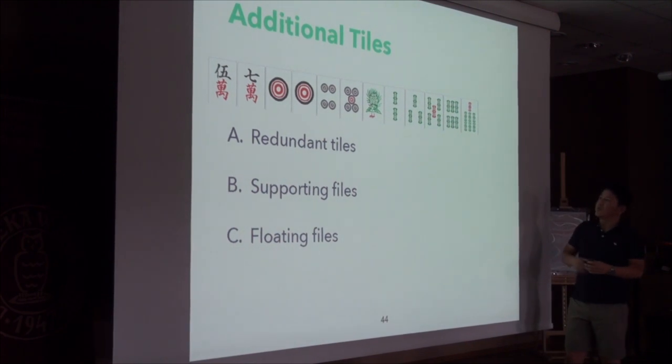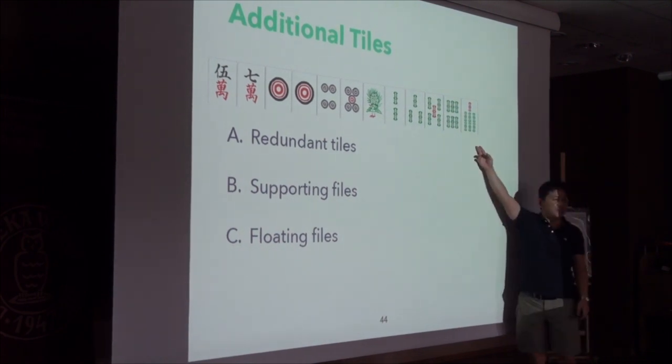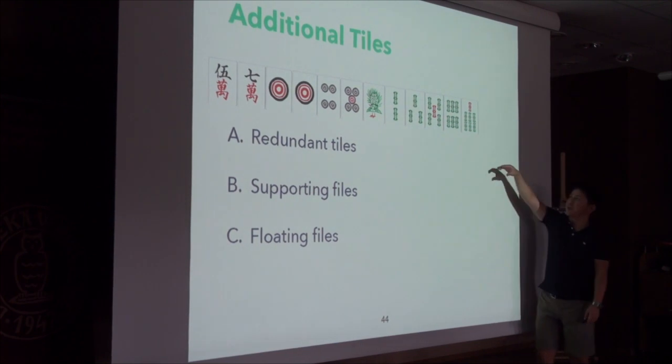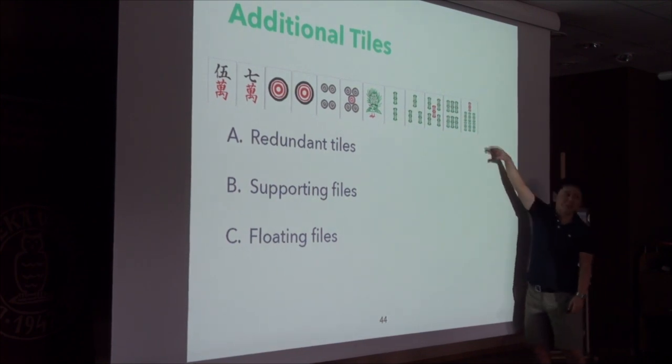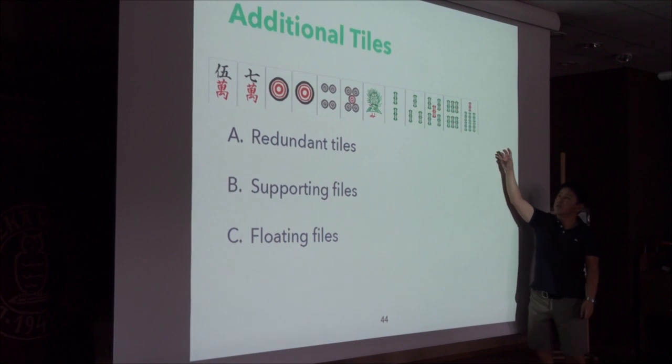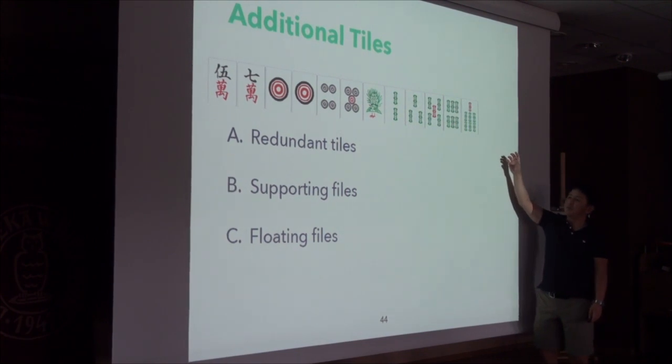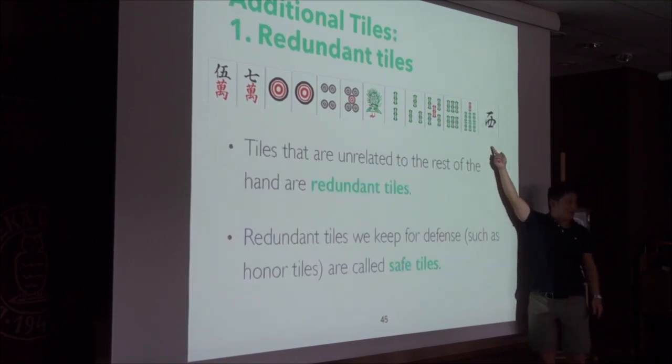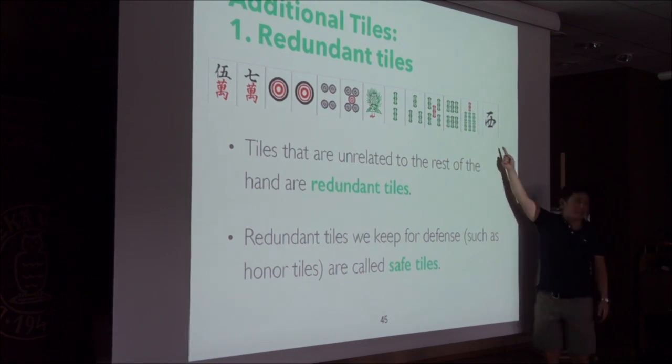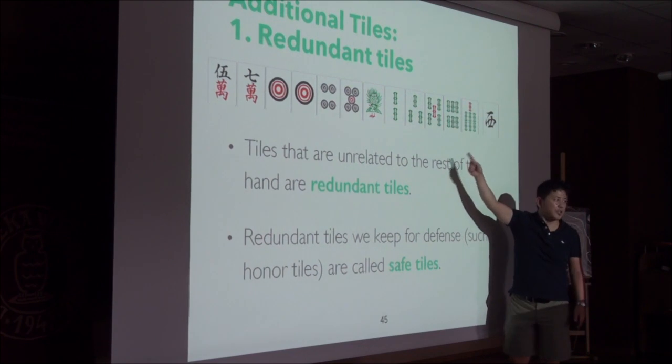So there are only 20 tiles in this hand. So we're gonna think about some additional tiles, right? An example of redundant tiles are some unrelated honor tiles, right? So this would be an example of redundant tiles, not related to any of the blocks in the hand, right?